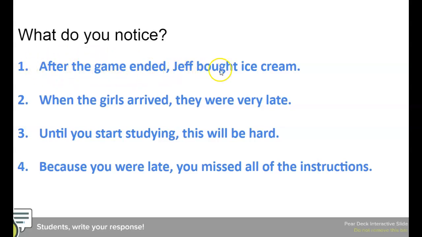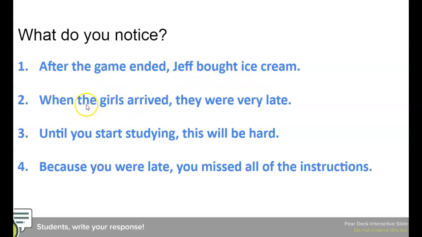Or you might look to the right of the comma. Jeff bought ice cream. Is that just a collection of words, or is that a sentence? So after you've been looking for a while, hopefully you're seeing that before the comma is not a complete sentence. After the comma is a sentence.